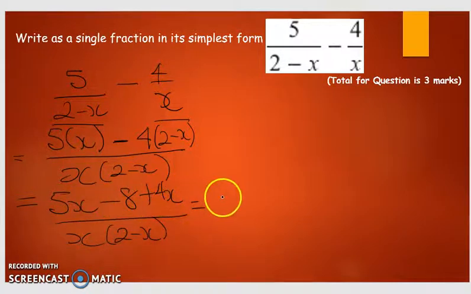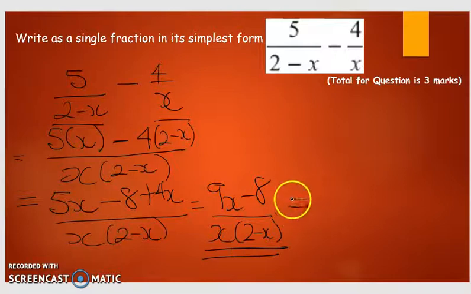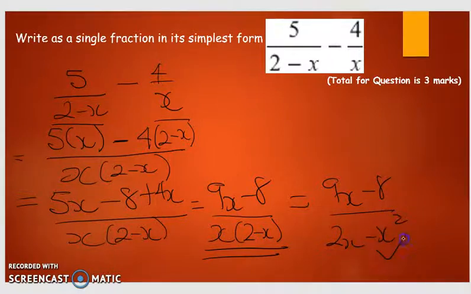So simplifying the numerator, I have 9x minus 8 over x times 2 minus x. As you can see, there are no common factors, so this is the end of the question, and that's your 3 marks gained. If you, for any reason, expanded the denominator, it's also fully correct. Nothing wrong with that.